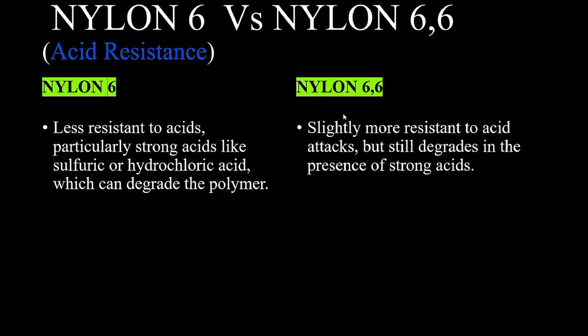Nylon 6,6 is slightly more resistant to acid attacks, but still degrades in the presence of strong acids. So comparing with respect to acid resistance, nylon 6 is less resistant and nylon 6,6 has more resistance to acidic attack.